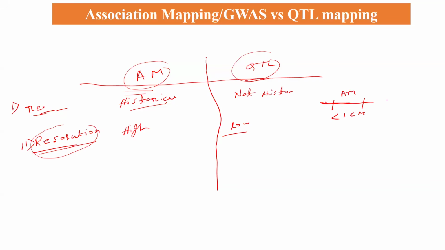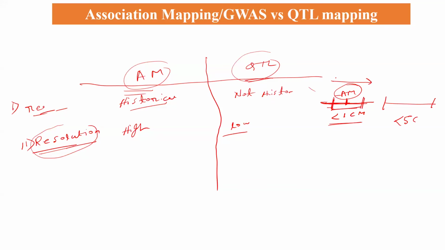association mapping, but in QTL mapping the confidence interval is more, not less than 5, because it is the distance in the genomic region which is identified, and association mapping identifies the gene or candidate gene present in this region, because the recombination is more. So recombination window is the most important term.